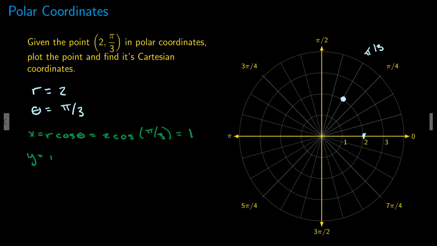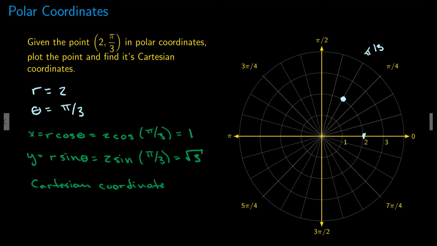We get r times sine of theta, which is going to be 2 times sine of pi over 3, which again you can calculate is just going to give the square root of 3. So the Cartesian coordinate is (x, y) equals (1, square root of 3).